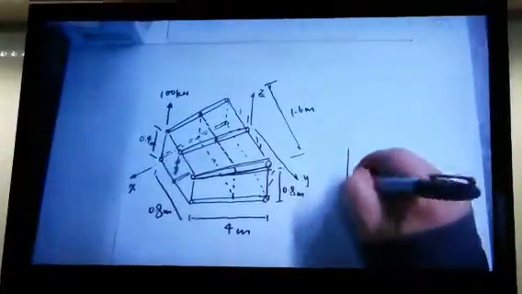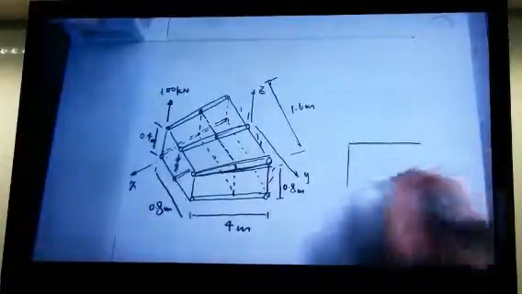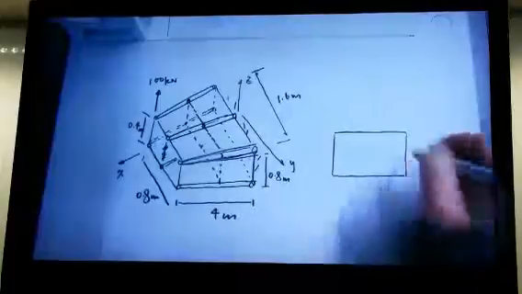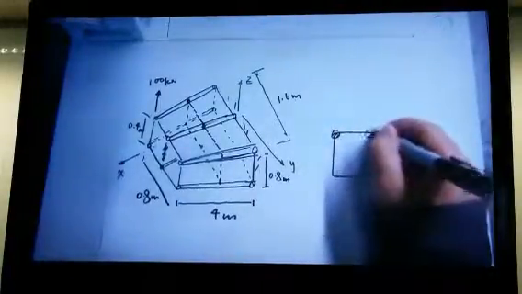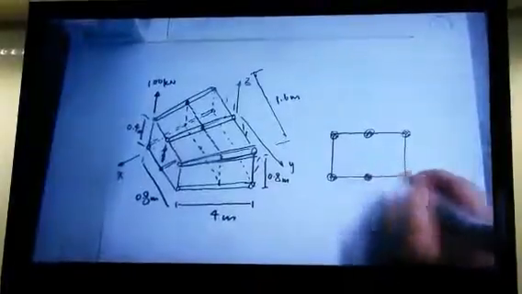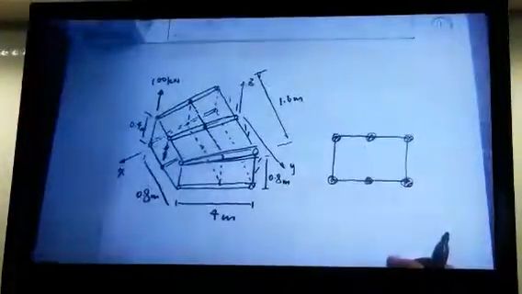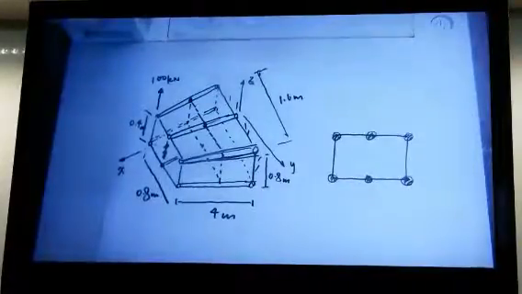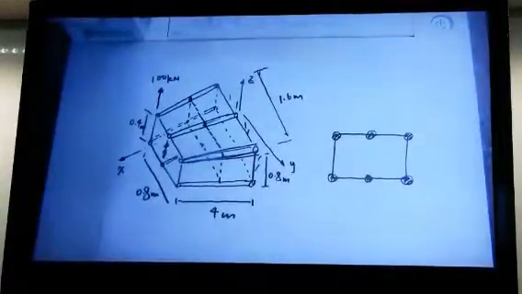So we need to take that cross-section out of this whole wing structure. 6 boom areas. When we are talking about boom area, when you look at this structure, now you have a better understanding. Right?